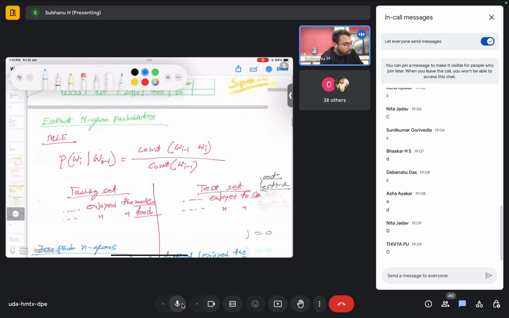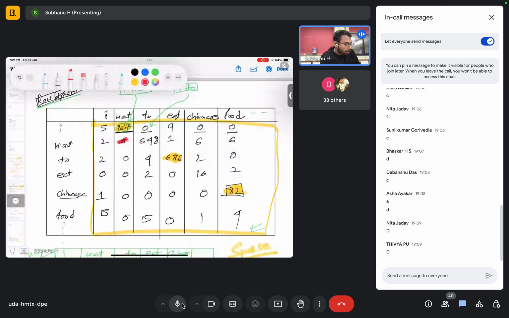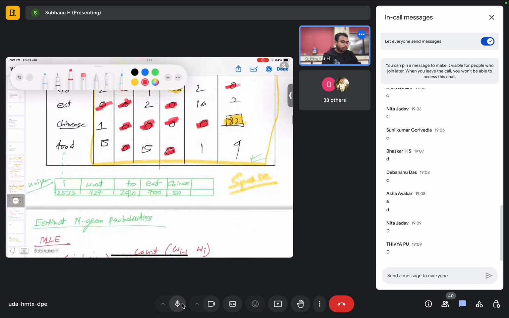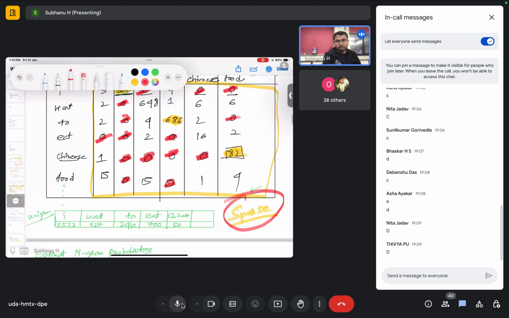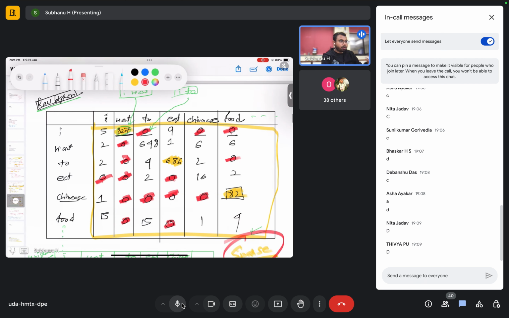As there are zeros in many places, that's why we call this matrix a sparse matrix. Okay. So this was the problem. Then how can I remove this zero, or what can I do to remove this zero? So if this was the problem, that's why we can't calculate the perplexity.